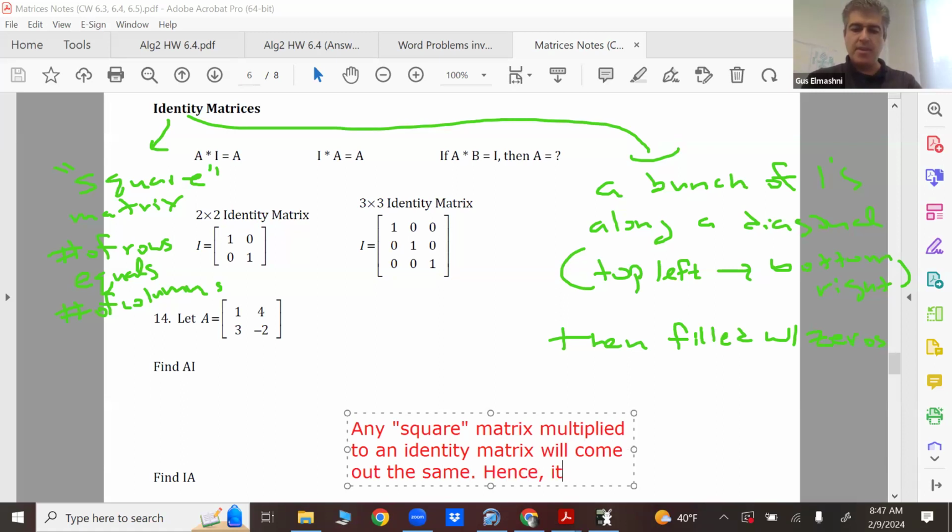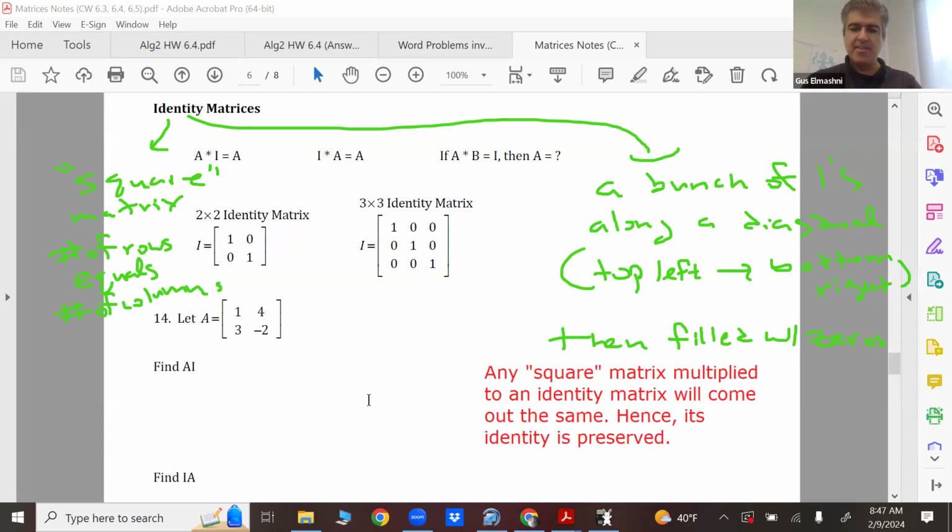Hence, its identity is preserved. I know it sounds kind of fancy. So if I multiply A times I, I get A. Or I times A, I get A.